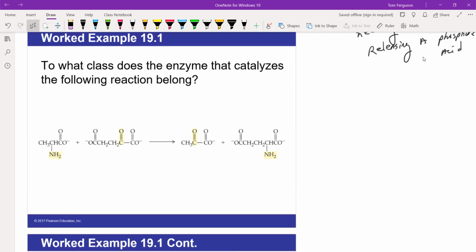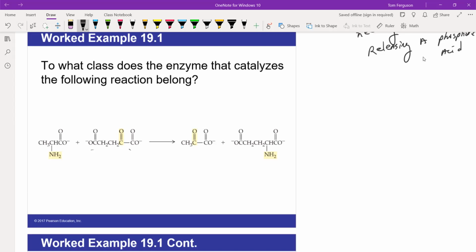Okay, so we have a reaction here. We've got this 3-carbon amino acid. And we have a, what would this be? This is going to be a diacid with a carbonyl group in the middle.